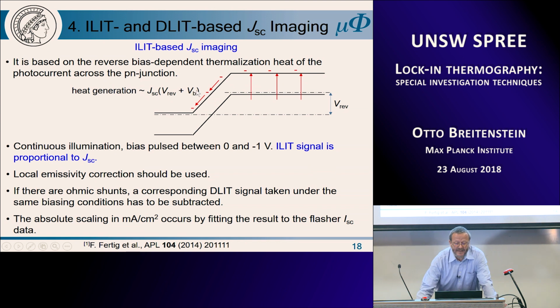Yes, and so the technique goes like this. We have continuous illumination. The bias is pulsed between 0 and -1 volt, and then the resulting ILIT signal is proportional to the short circuit current heat. All other heat sources average out by this lock-in method.